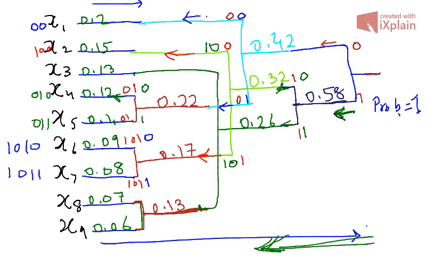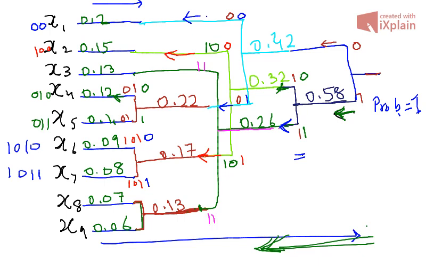So we are left with another code word, which is now here. Now come to this one. We have the code 11 in this branch. I write 11 on this branch and 11 on this branch.